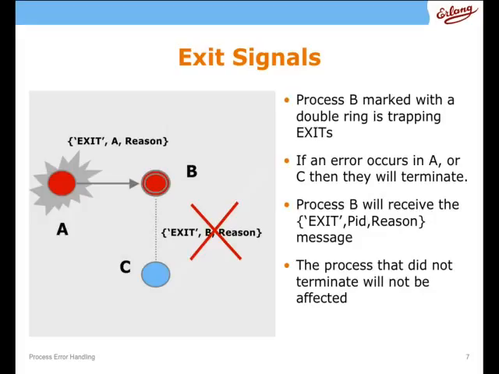B has now got a message with the atom exit, A and the reason in the message. But apart from that, it will continue to execute as normal. So B can handle that as it wishes.